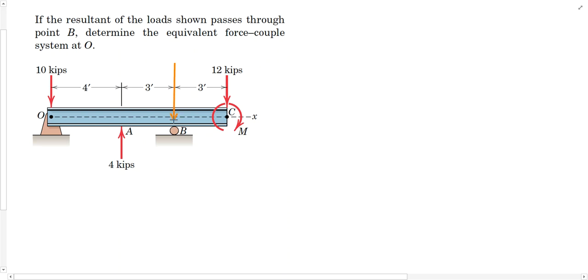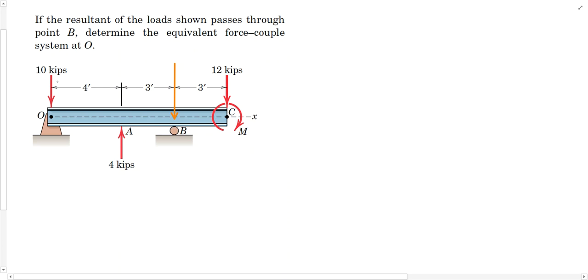And so if the resultant acts at point B, then we know that the moment at point B would be equal to 0. Because remember, the way a force couple system works and the way a resultant force works is you replace the loads that you have by a single force and you specify where it acts.